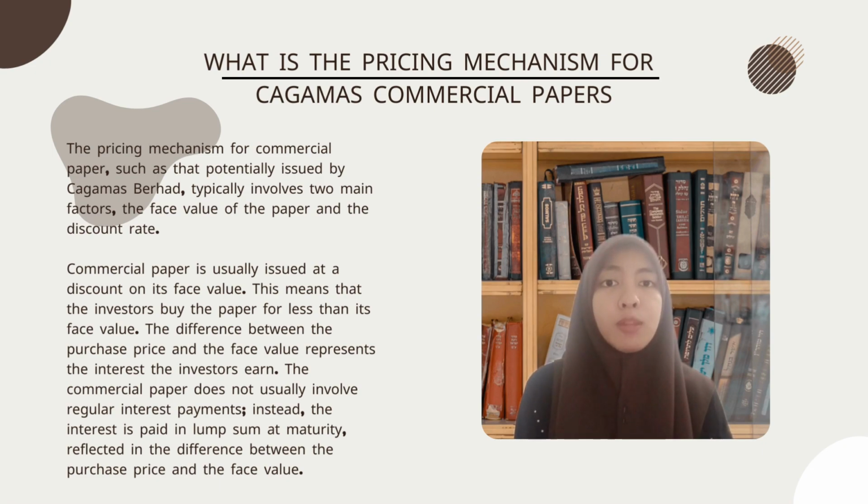The difference between the purchase price and the face value represents the interest the investor earns. This commercial paper does not usually involve regular interest payments. Instead, the interest is paid in lump sum at maturity, reflected in the difference between the purchase price and the face value.